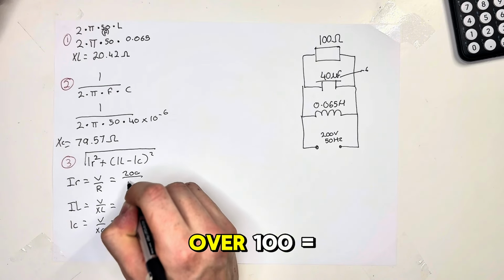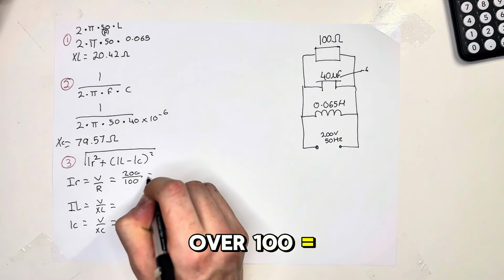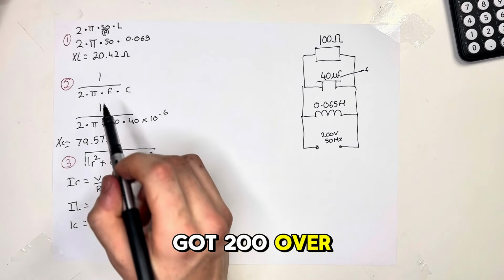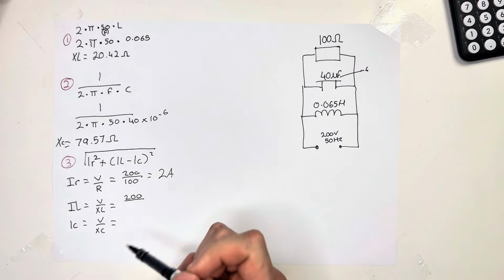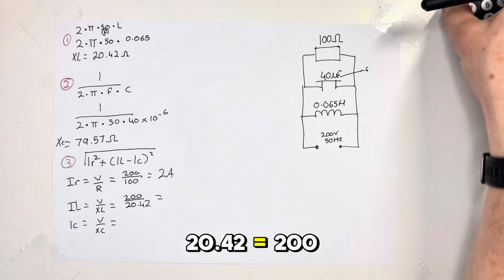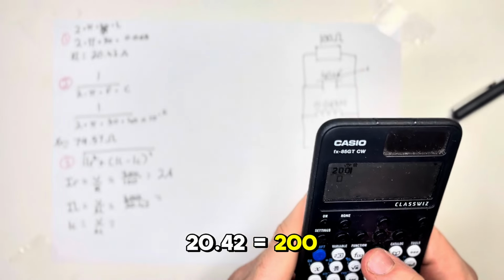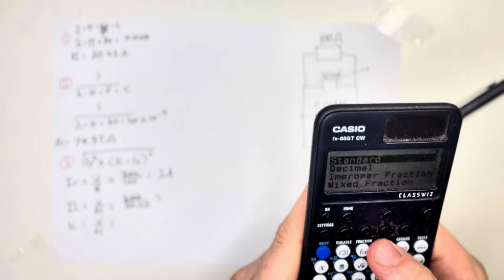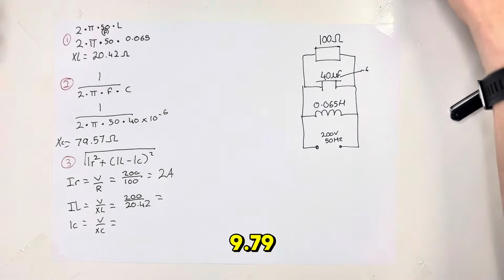These will give you IR, IL, and IC. IR is 200 over 100, which equals 2 amps. For IL, we have 200 over XL, 20.42, which is 9.79 amps.